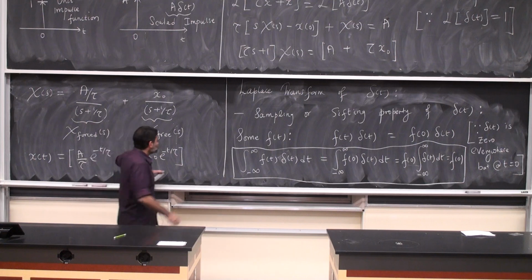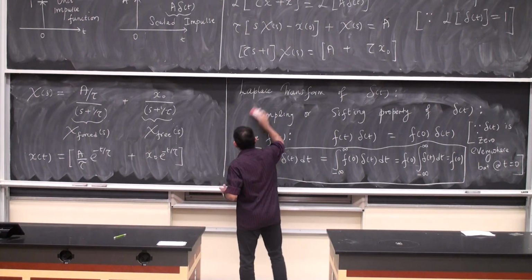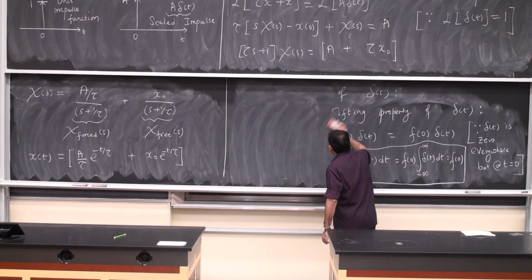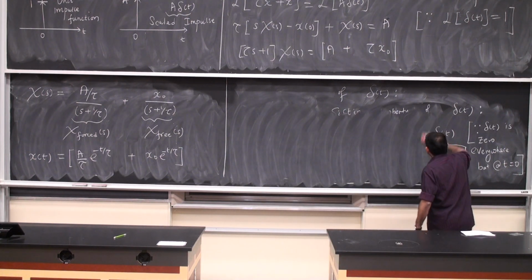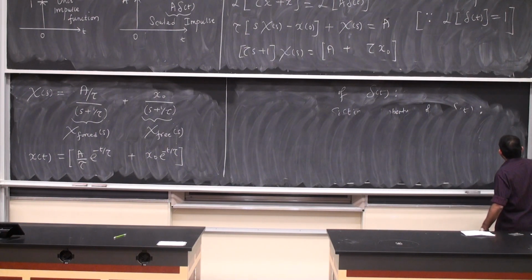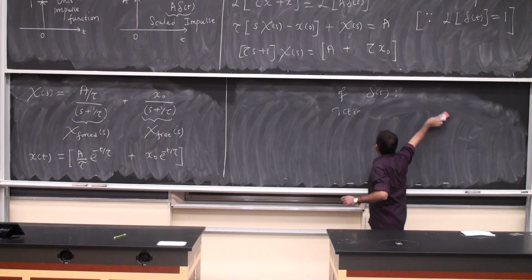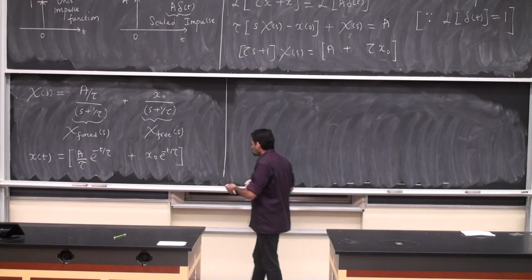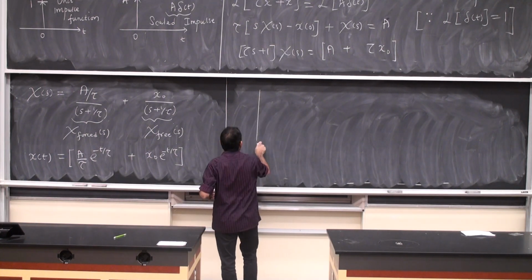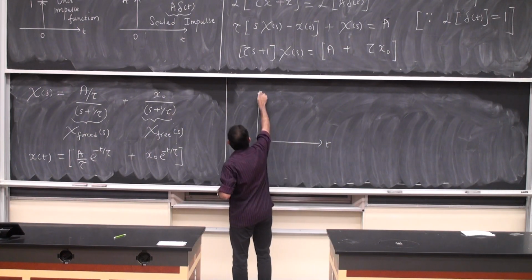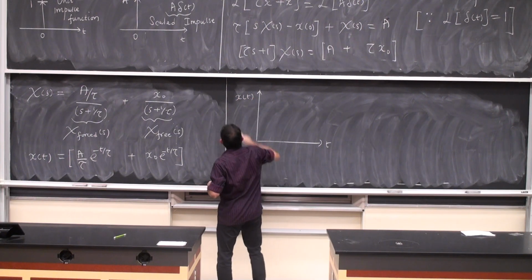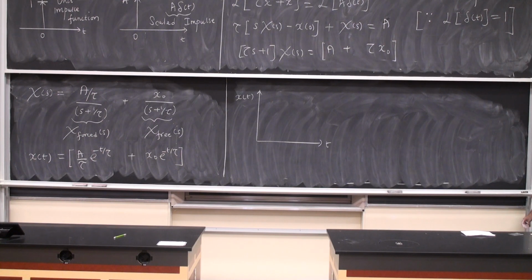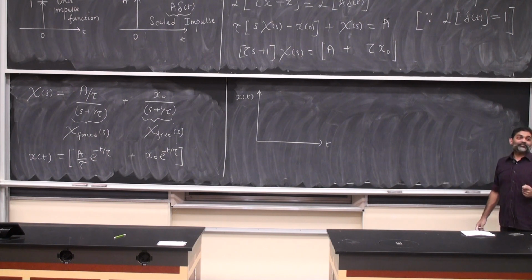One could plot it. x of t versus t. Very interestingly, the effect of this impulse response is to magnify the initial condition.